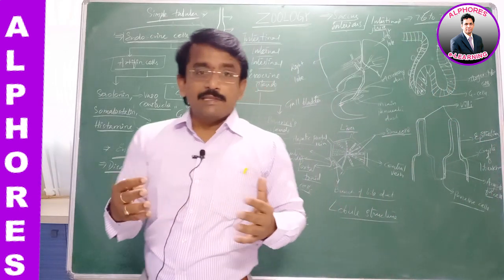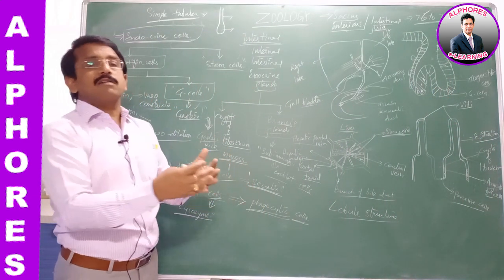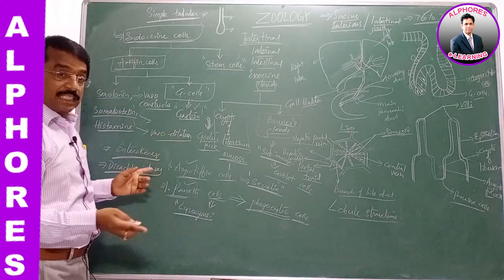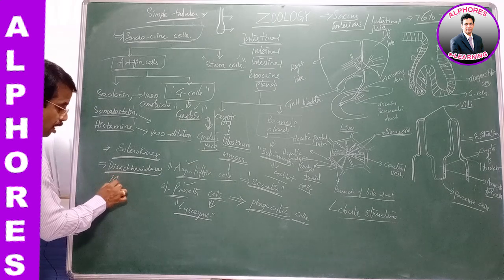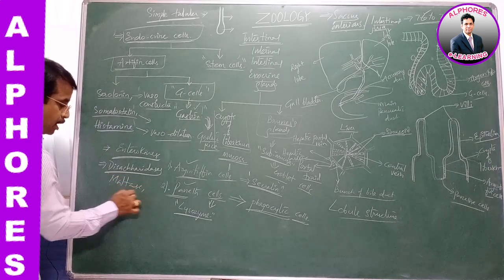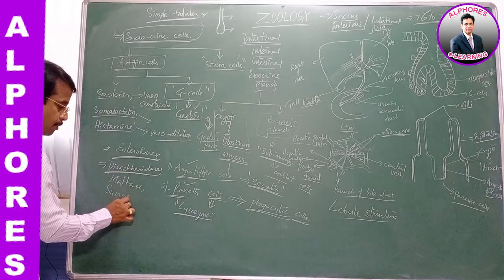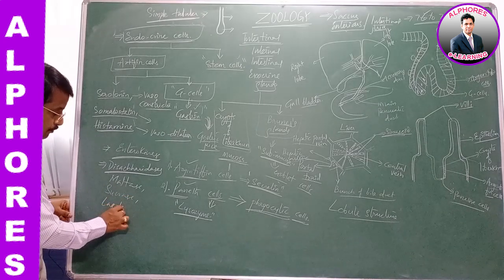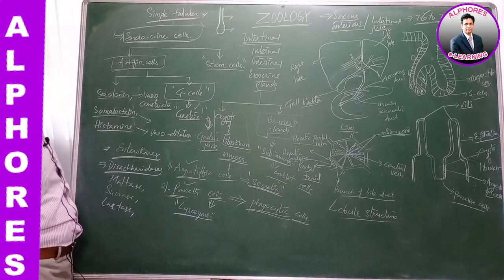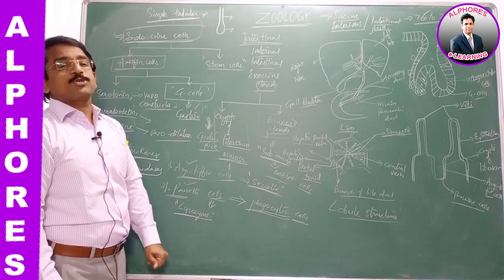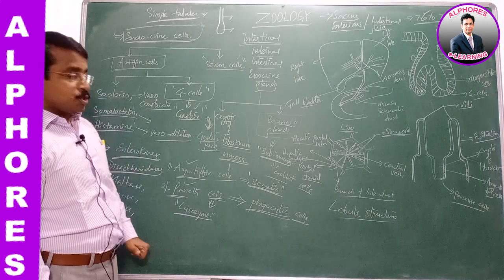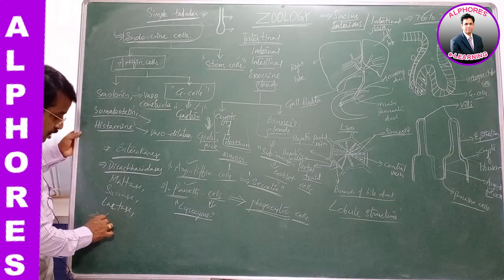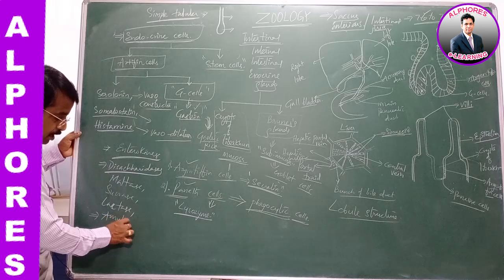Likewise, disaccharides are converted into monosaccharides by disaccharidases: maltase, sucrase and lactase. Besides that, alpha dextrinase is also present as a disaccharidase, and intestinal amylase.